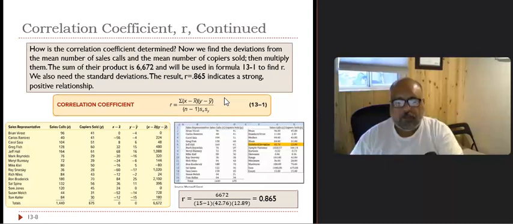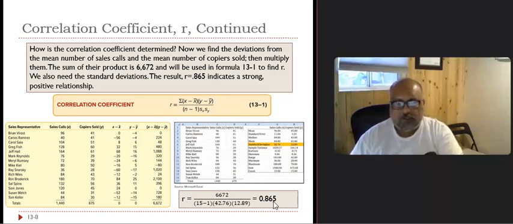And finally, when we go through detailed regression analysis using Microsoft Excel, we can find the value of R. The formula is given here. This is the formula if you want to do it manually, but Microsoft Excel can do it for you. So basically, the goal is to find the value of R.